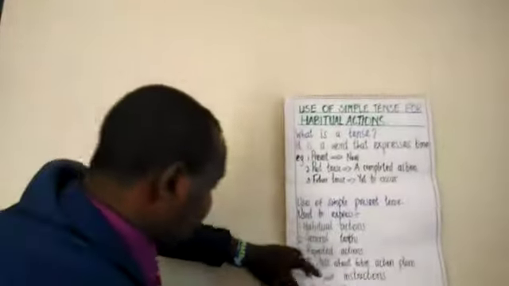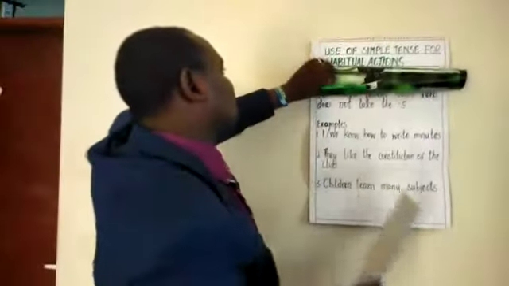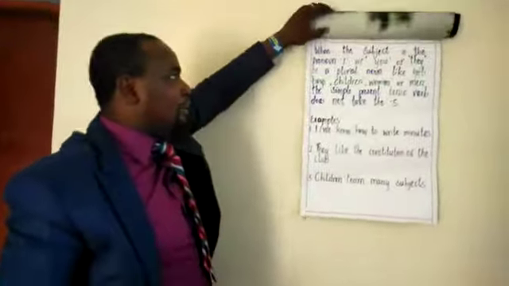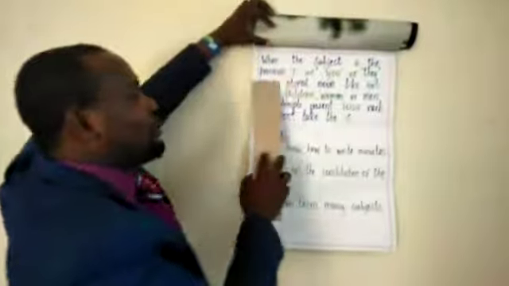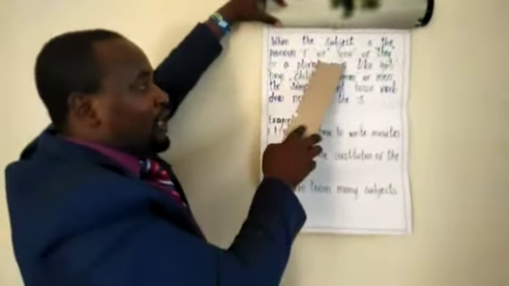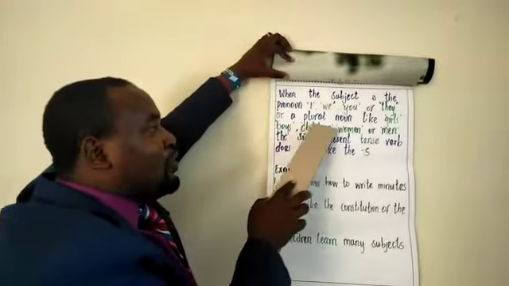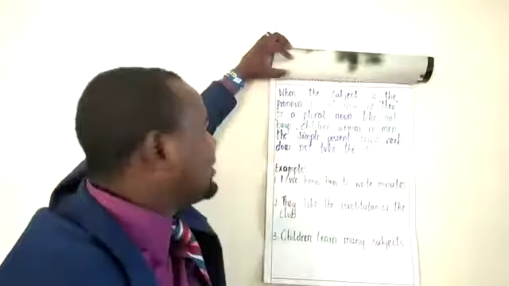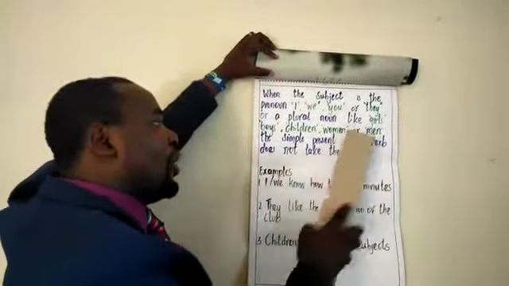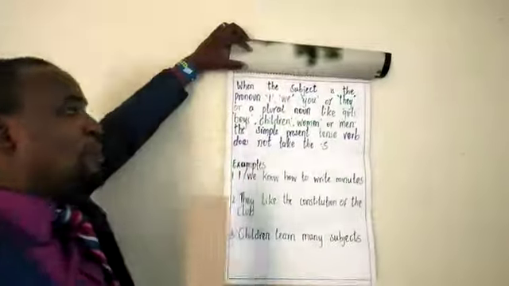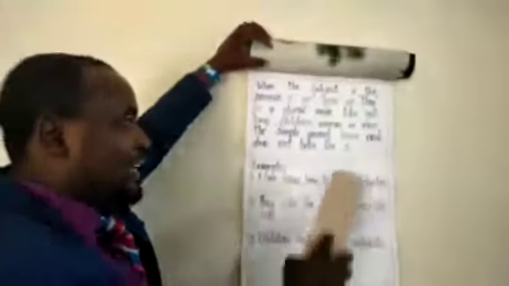Now, still follow me. What about the verbs that are in plural form? What happens to them? Girls and boys, when the subject is the pronoun I, we, you, or they, or a plural noun like girls, boys, children, women, or men, the simple present tense verb does not take the s.